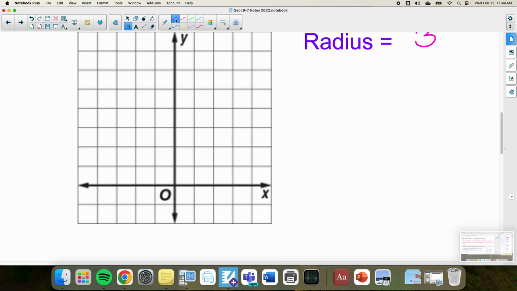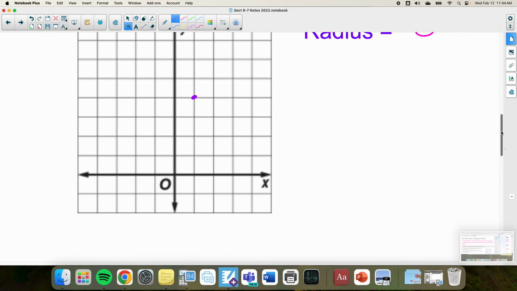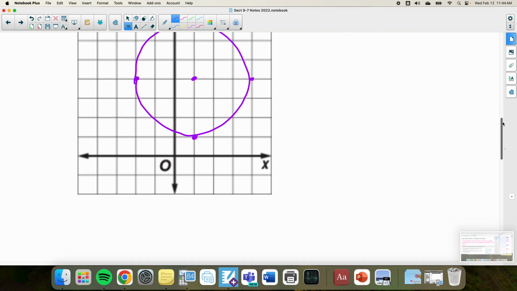Notice the origin is right here. So it's over 1, up 1, 2, 3, 4. And then my radius is 3. So just go 3 to the right, 3 up, 3 to the left, 3 down, and then we can make our circle.